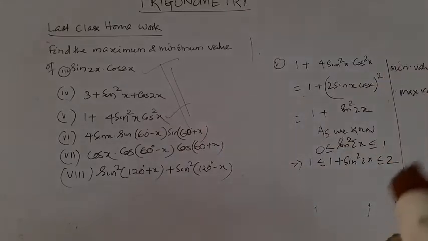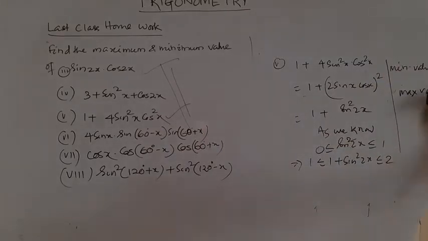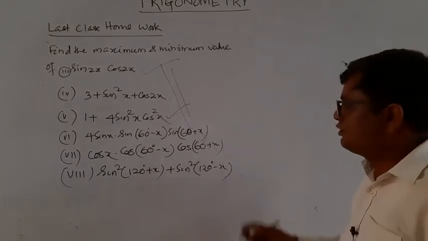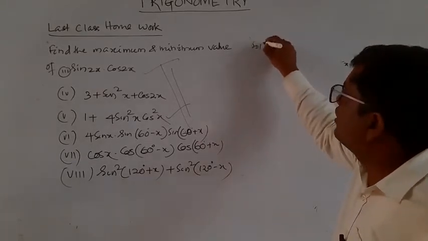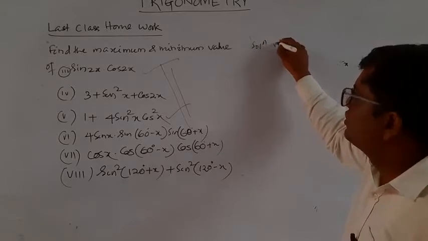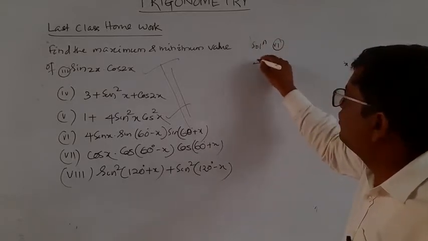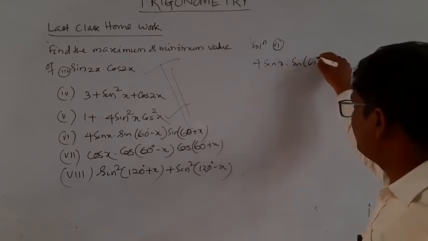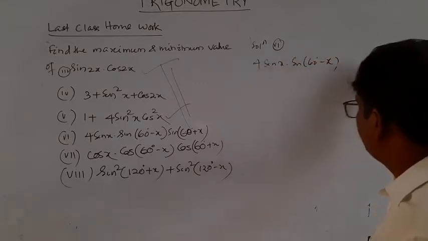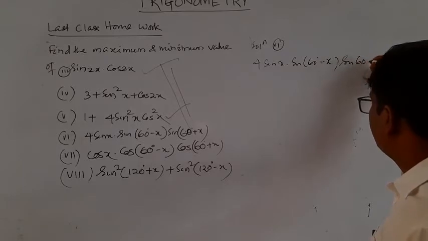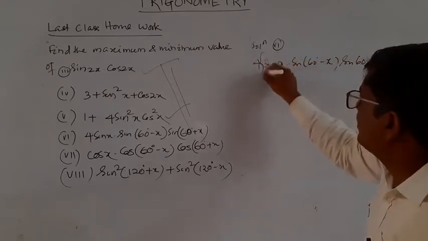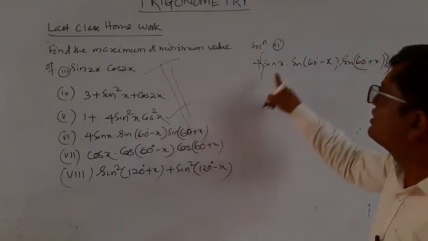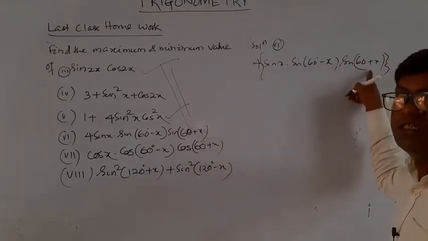Now question number 6. Solution of question number 6: 4 into sin x into sin 60 minus x into sin 60 plus x. What is the formula for this? That is 1 by 4 sin 3x, that is sin a, sin 60 minus a, sin 60 plus a.